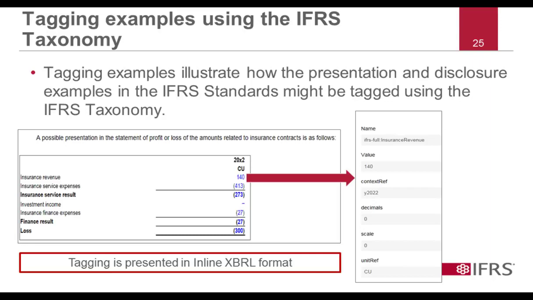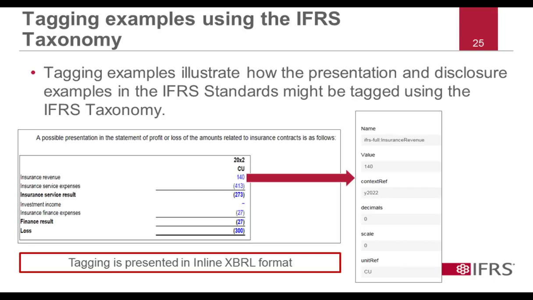One is XBRL format, which requires specialized software for opening documents, but we also provide this document in inline XBRL, which allows users to view the example in most internet browsers. The example on the website is of the inline XBRL. In addition, the inline XBRL viewer allows users to view the details associated with the elements by clicking on the highlighted number. And again, that's what we were trying to show on this slide.